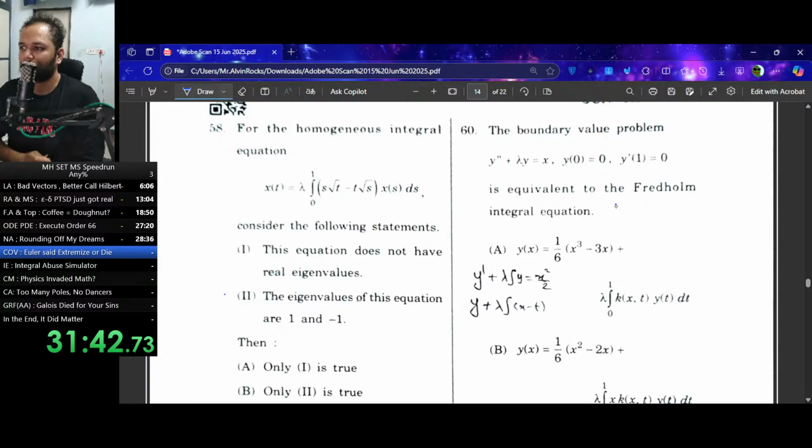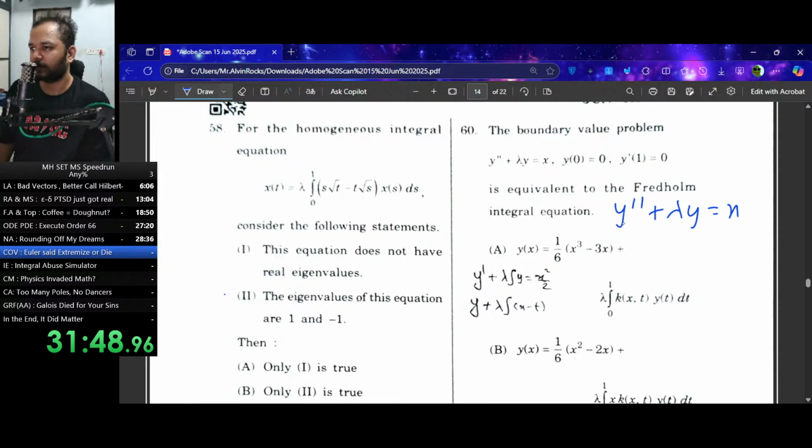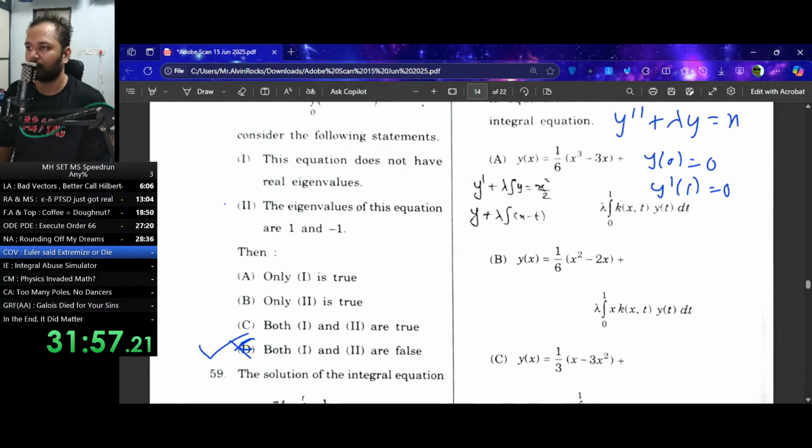Right, and the boundary value problem is equivalent to which Fredholm integral equation? Okay, y of 0 is 0 and y prime of 1 is equal to 0. Just integrate it, so that's going to be y prime of x minus the initial condition, which is 0, so no need to write that. Lambda integration.